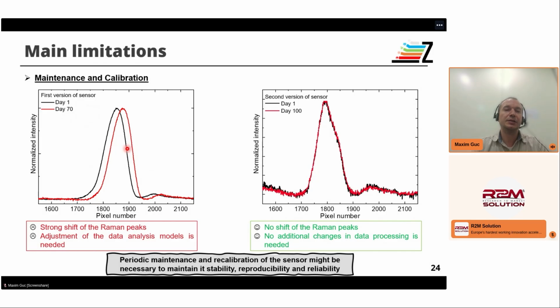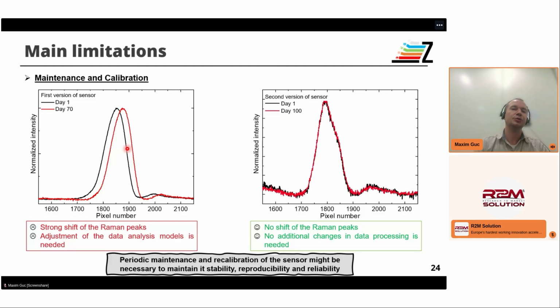And this created a problem not only in that this shift appeared and the signal changed and something happened with the sensor, but it also forced us to change the models that were needed in order to analyze the signal from the sensor.